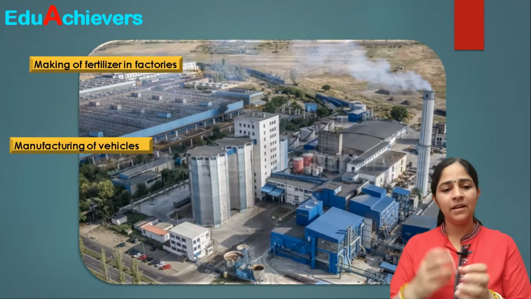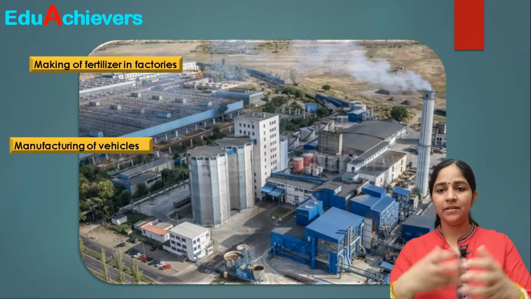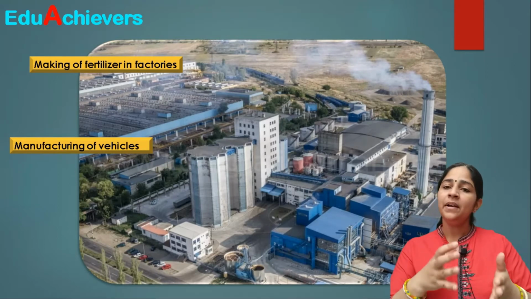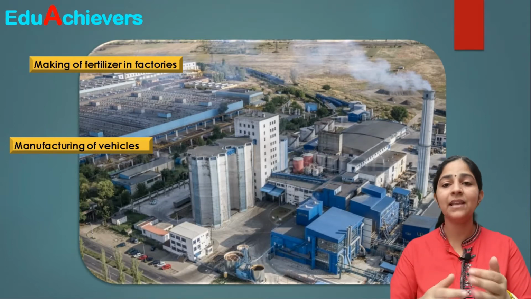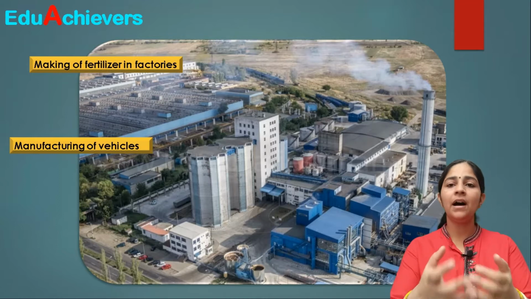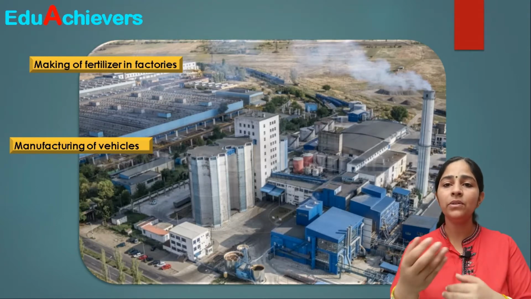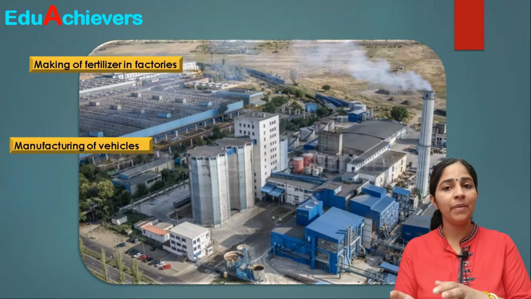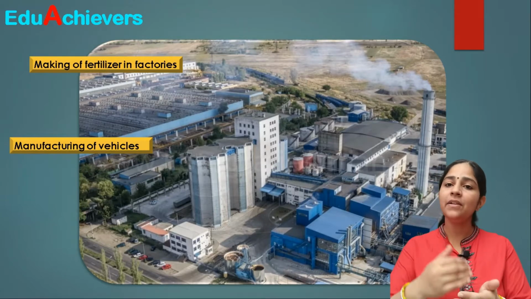Some new substances have to be formed, and some substances have to be melted and given different shapes. For example, if you look at a car, there are so many parts in it. All parts have to be made, and before you make them, the iron and the metal have to be melted and then given different shapes.